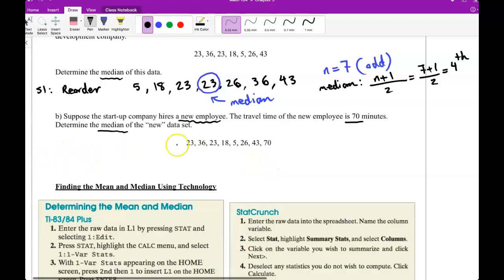Again, step 1, reorder all these, because we want to find the median, and that is our first step. We have the same thing: 5, 18, 23, 23, 26, 36, 43, and 70.